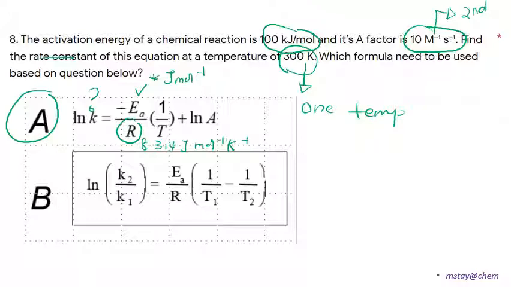Okay, then the temperature is given, the A is also given, so we have only one unknown, which is the rate constant K. So we have to use this formula A to solve this question.